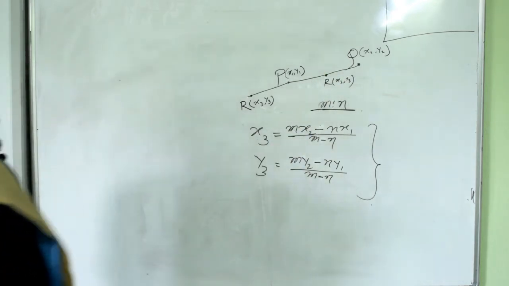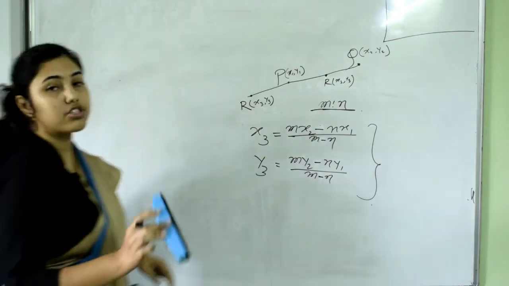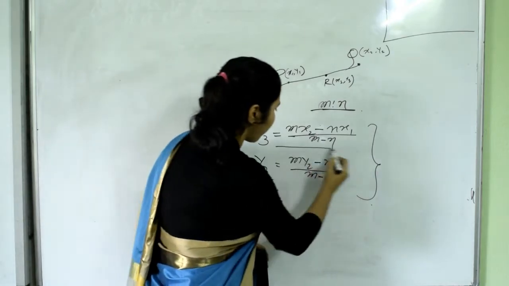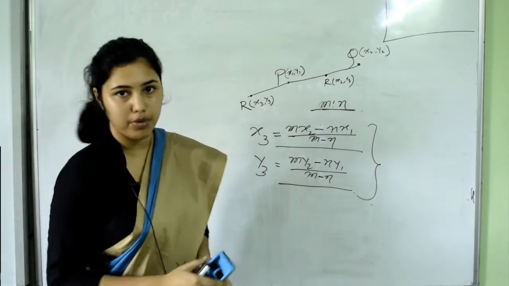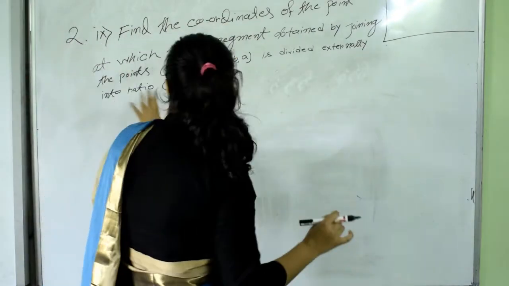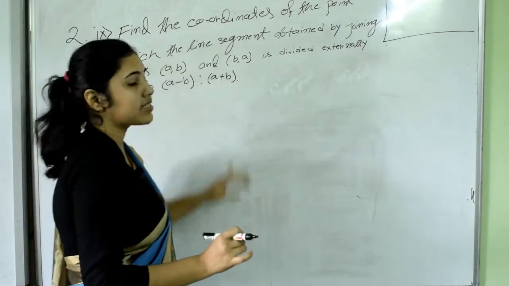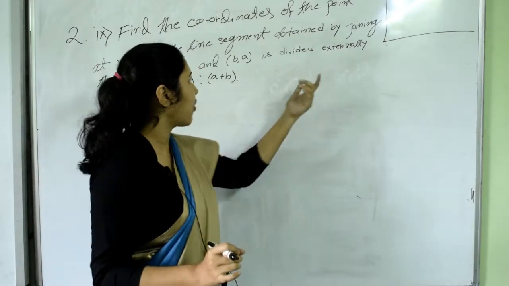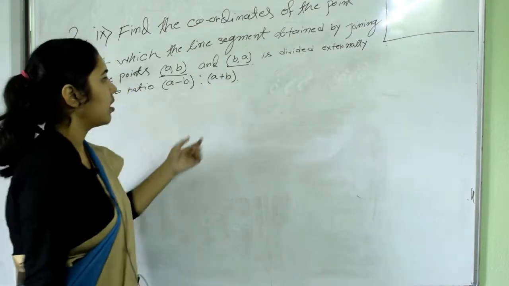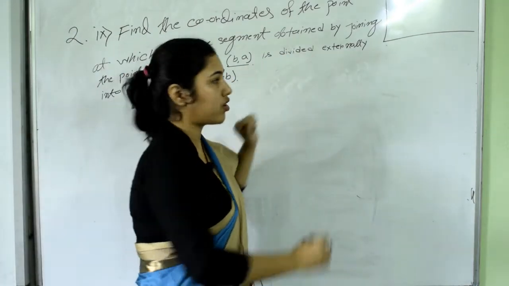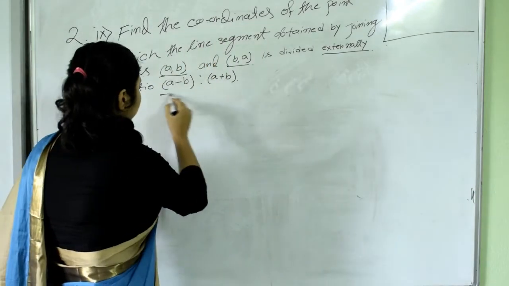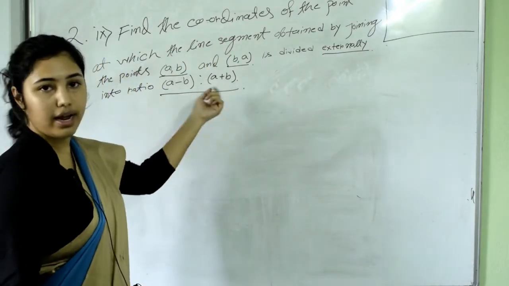Okay? Now today we will solve some short answer type questions based on these 2 formulas. Find the coordinates of the point at which the line segment obtained by joining these 2 points (a, b) and (b, a) is divided externally in the ratio a minus b and a plus b.